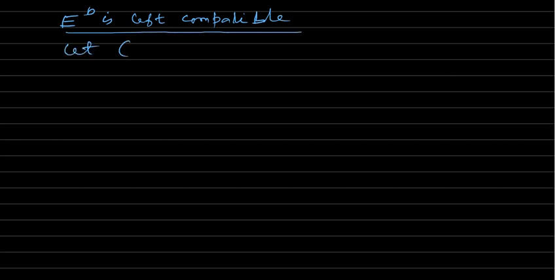Let (a, b) belongs to E flat and s belongs to S. You have to prove (sa, sb) is also in E flat. So this is in E flat, which means that for all x and y, (xay, xby) belongs to E.